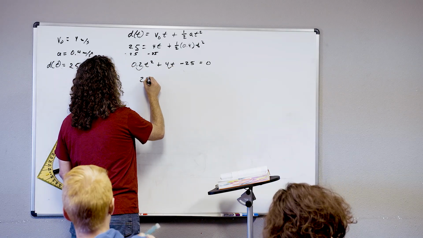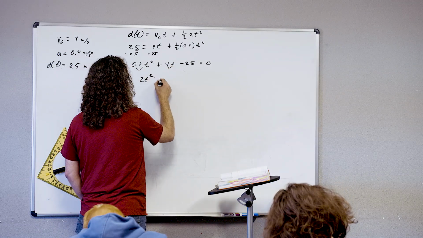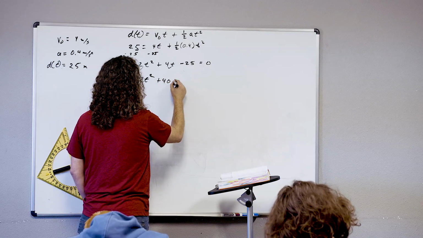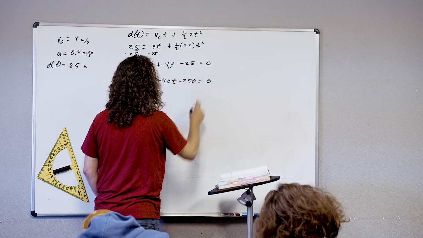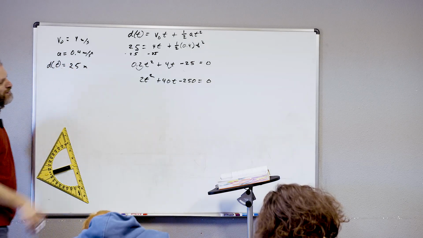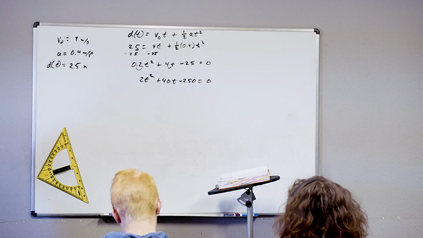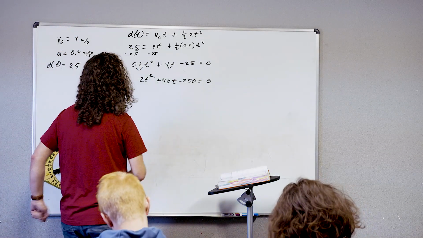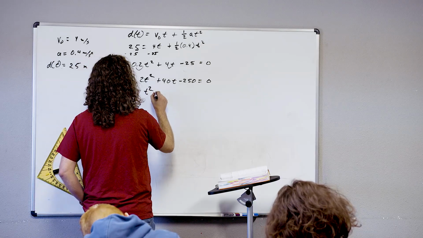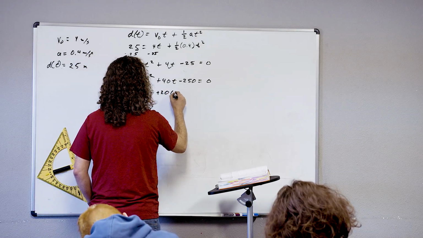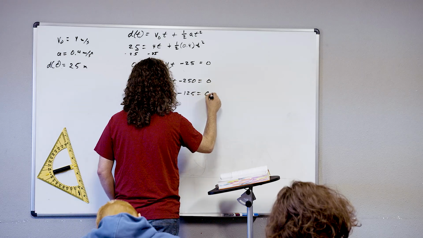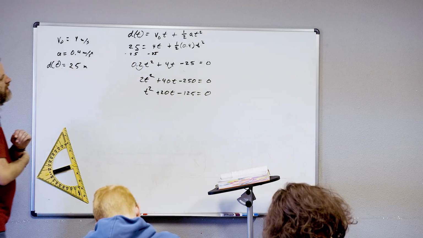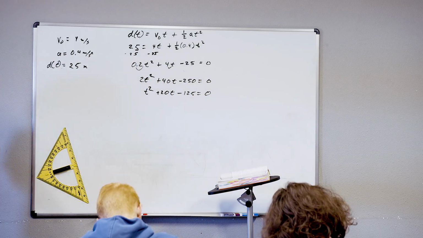So 2t squared plus 40t minus 250 equals 0. I can do something else to clean up before I try to factor. Take out a 2. Divide by 2 on everything, so it goes t squared plus 20t minus 125 equals 0. And then factor if you dare.